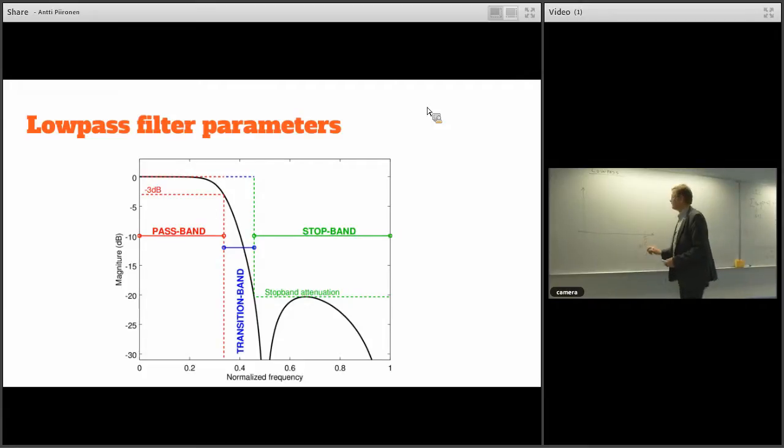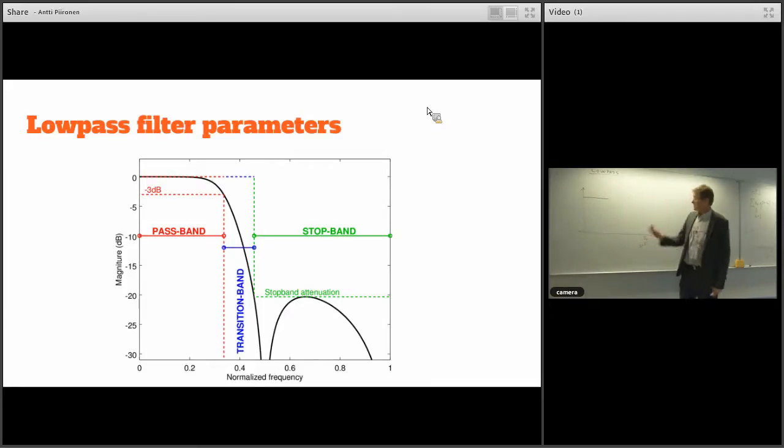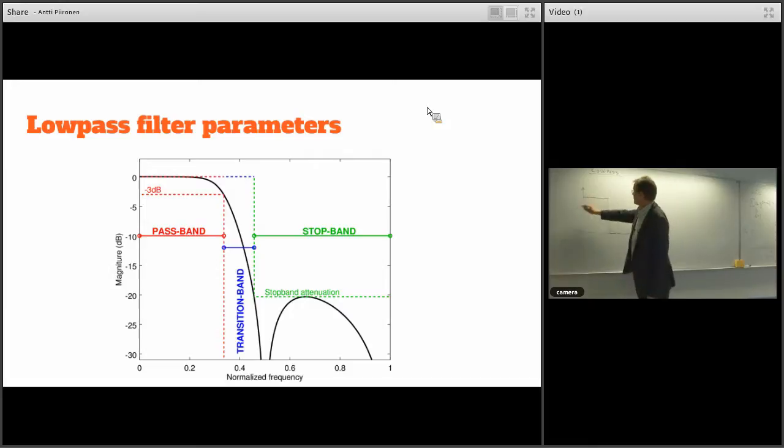Omega equals pi. A low pass filter means that it actually passes the signal at low frequency, and then it has big attenuation, or ideally goes to zero. So this would be an ideal low pass filter.